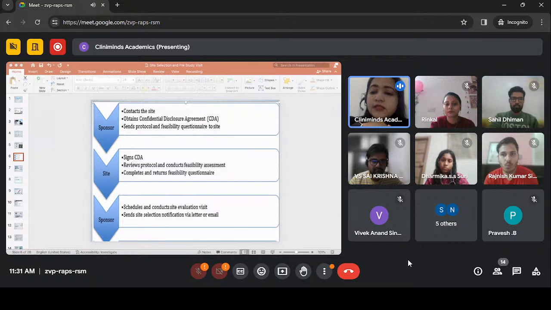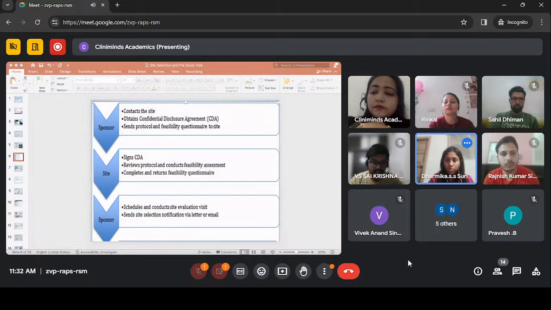Ma'am, the investigator will sign the confidential disclosure agreement. Then they will review the protocol and conduct the feasibility assessment. Then after completing the assessment, they return the CDA and the feasibility questionnaire to the sponsor.